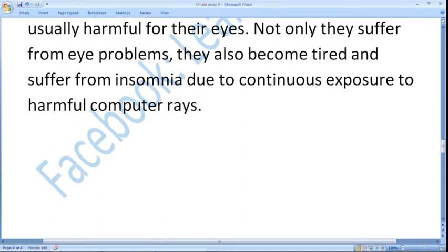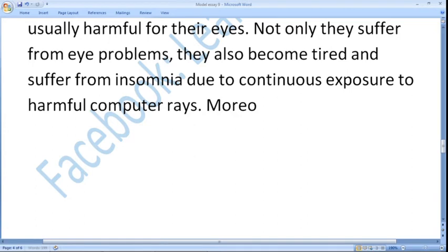Not only do they suffer from eye problems, they also become tired and suffer from insomnia, lack of sleep, due to continuous exposure to harmful computer rays. That is fine here. Now I would go to the next point, that is about their waste of time.